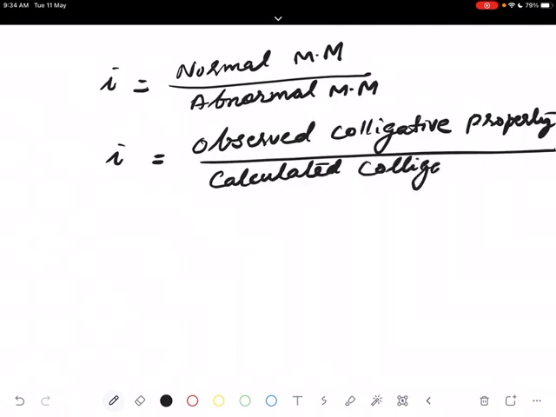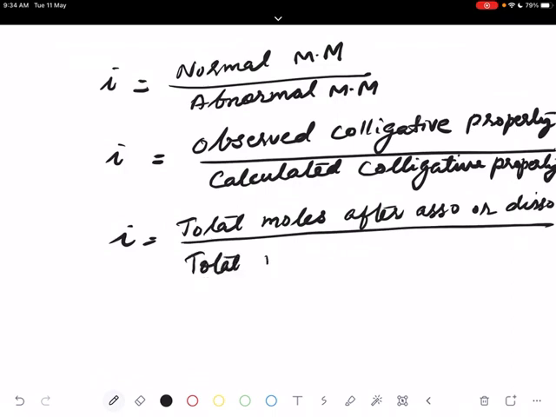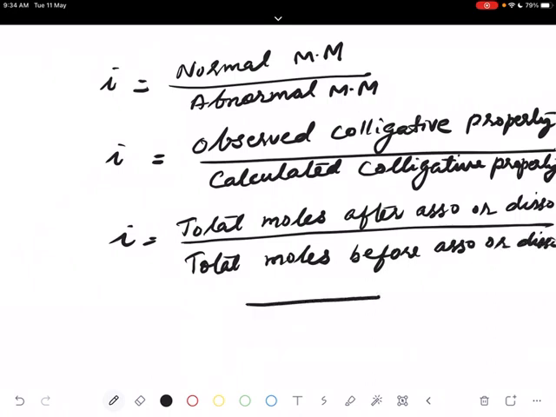Or I is equal to total moles after association or dissociation divided by total moles before association or dissociation. I can be calculated in this way.